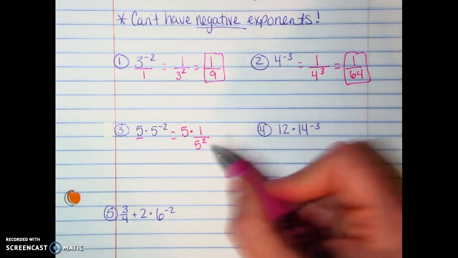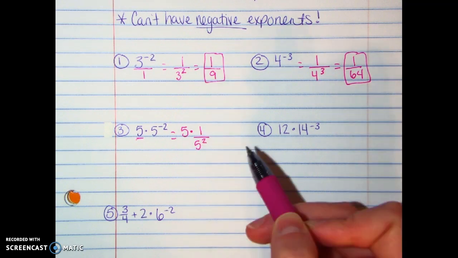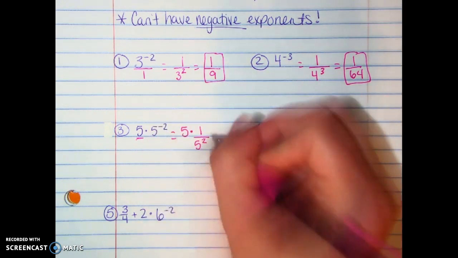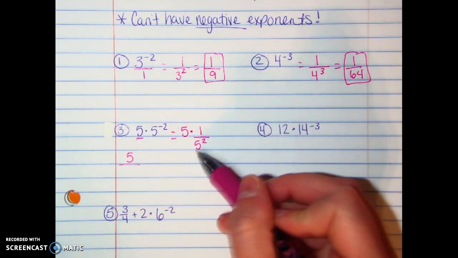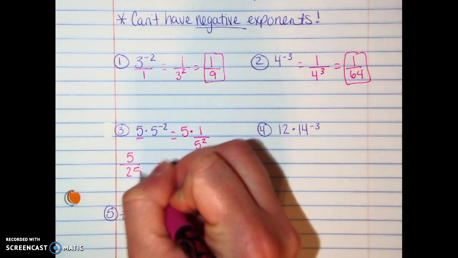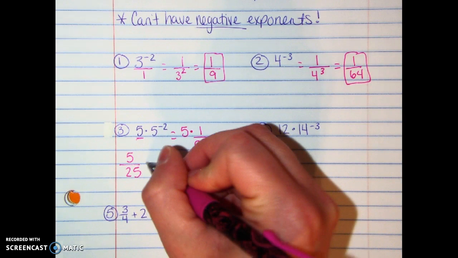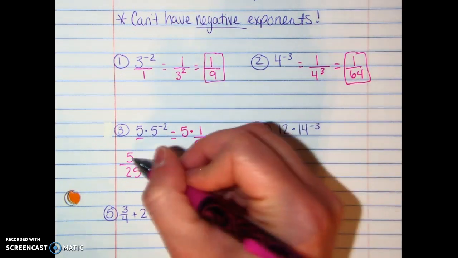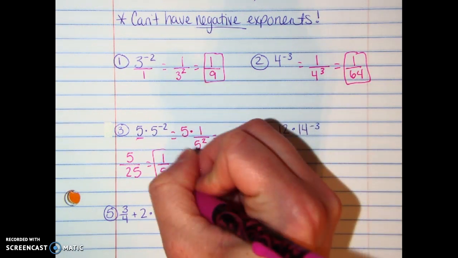Okay, and then when you're multiplying these, you multiply straight across. So 5 times 1 is just 5. So this, I'm going to write it down here, becomes 5 over 5 squared is 25. Okay, I can reduce that down because they're both divisible by 5. So if I do that, I get 1 over 5, so 1/5.